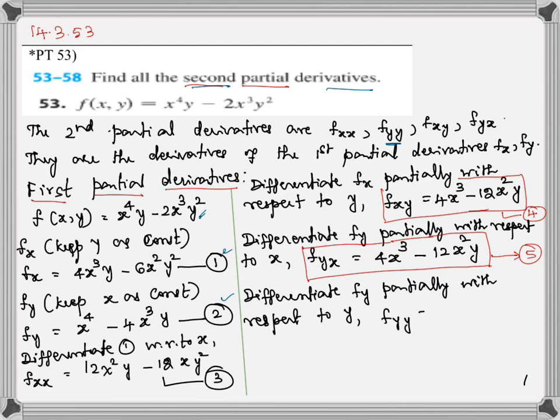So we take this 2 and differentiate with respect to y. That will be -4x^3. We'll call it 6. Thus we got f_xx, f_xy, f_yx, and f_yy, all the second partial derivatives.